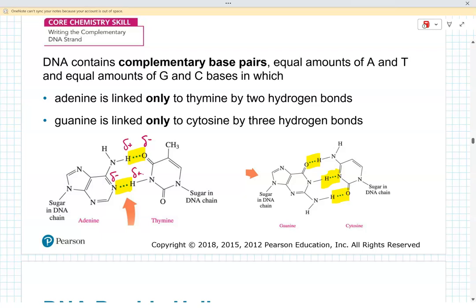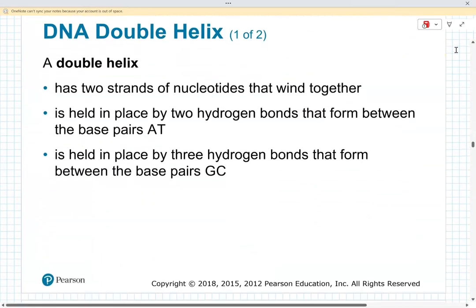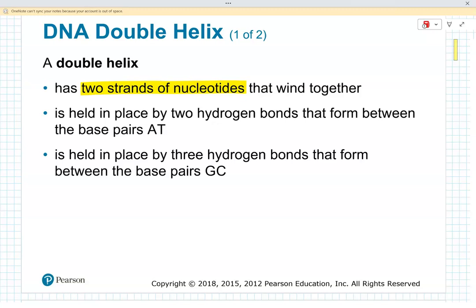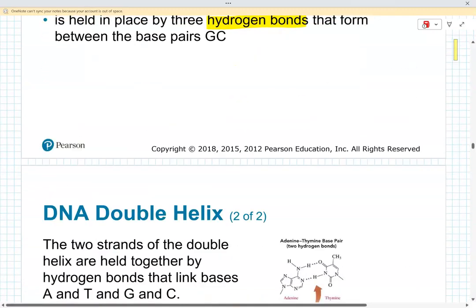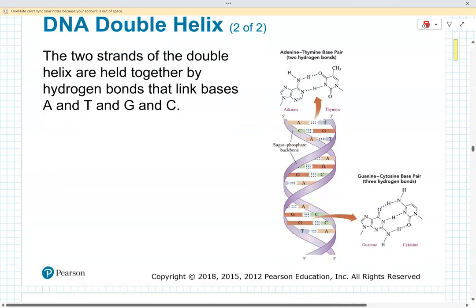If they have a lot of AT pairs, they're going to be much easier to separate, and maybe that's what they need it for. So basically, we have 2 strands of nucleotides held together by hydrogen bonds, 2 bonds between A and T, and 3 bonds between G and C.